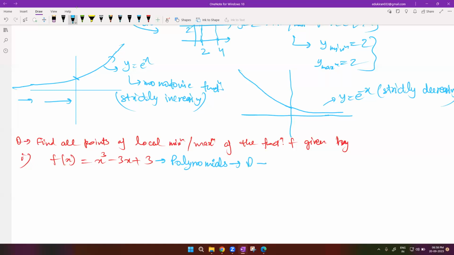This is fixed. For polynomials, your domain will be all real numbers. All real numbers means minus infinity to plus infinity. You can give any value from minus infinity to plus infinity to all polynomials, right? Sure, let's start with finding the local minimum and maximum of this function.